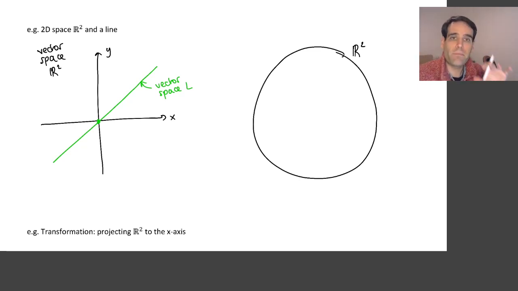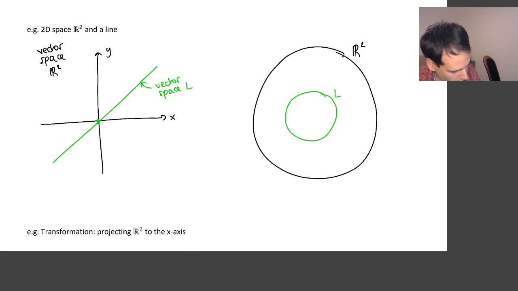And this is clearly a subspace of R squared. Why? Because every vector inside this vector space L is also inside the vector space R squared. So in our Venn diagram that I'm doing here on the right, I know that every vector that is inside this bag called L is also inside R squared. So I can draw this circle, which is completely included inside the other circle.